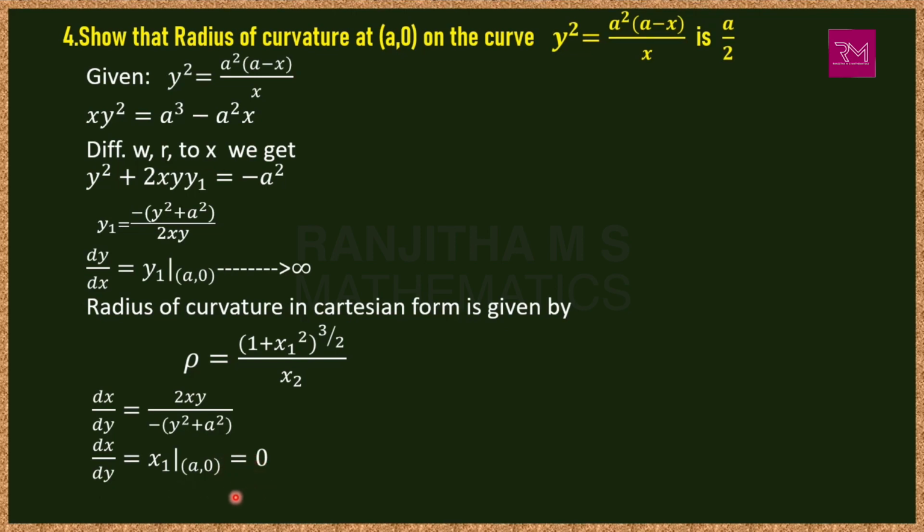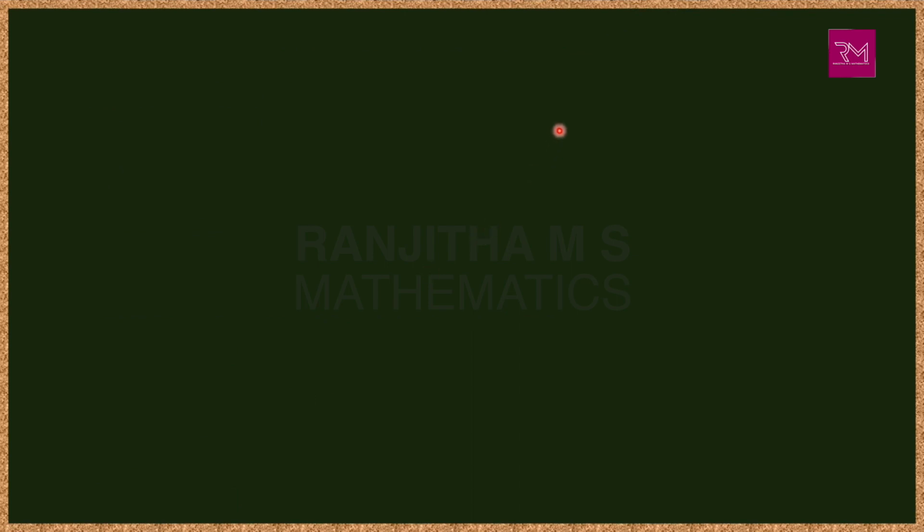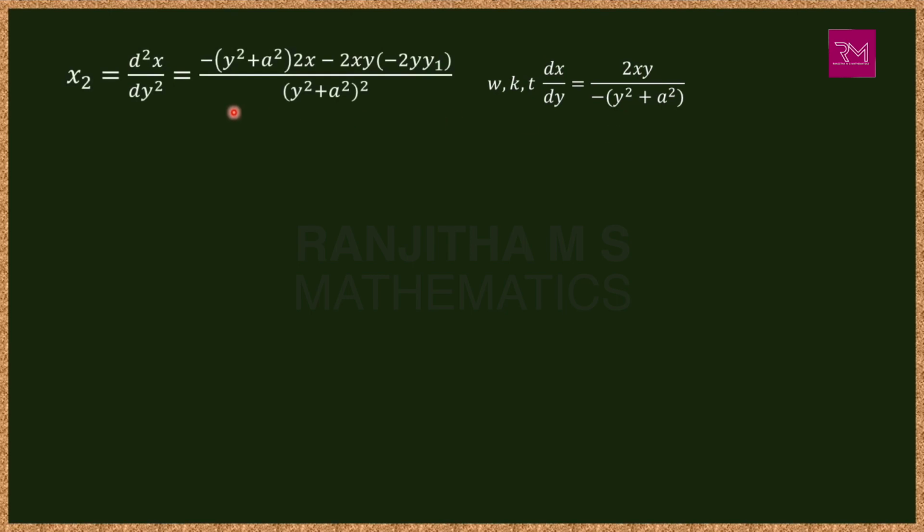After finding x1, we have to find x2. For that, take x1, that is dx/dy = 2xy divided by minus (y² + a²). Here both are functions, hence we apply the quotient rule: denominator into d/dx of numerator, that is 2x into differentiation of y, minus numerator 2xy into differentiation of the denominator, minus (y² + a²), which is minus 2y into again differentiation of y, that is y1.